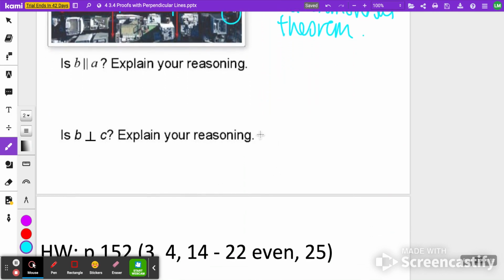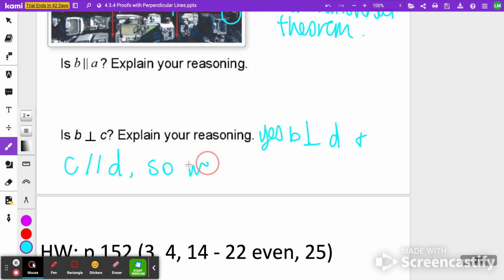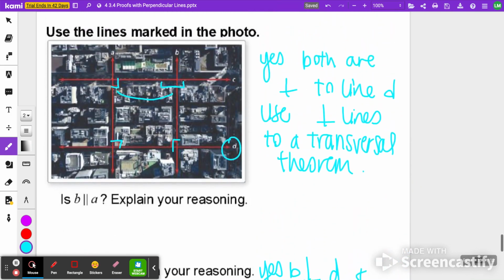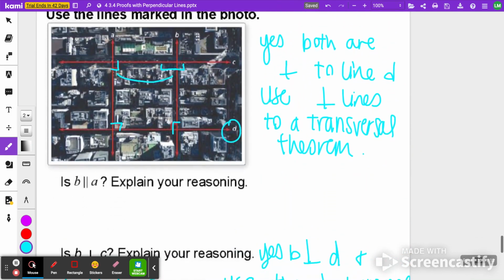So we can say, yes, B is perpendicular to D, and C is also parallel to D. So we use the perpendicular transversal theorem. Okay, that would just be another way that you can see it. So since B is perpendicular to D, you can assume that. I just took, you can also take A is perpendicular to C by that right angle.